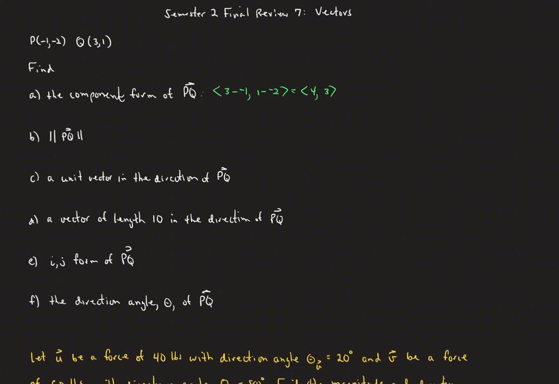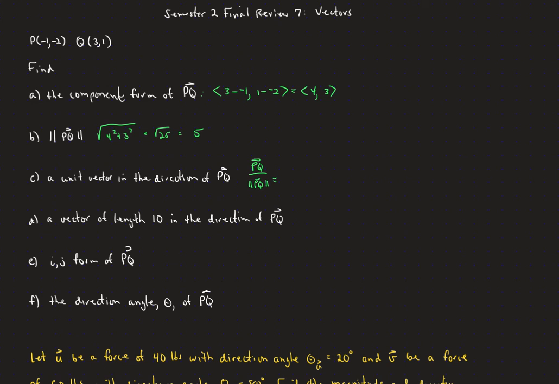And the magnitude then is going to be the square root of 4 squared plus 3 squared, and so that is going to be a magnitude or length of 5. A unit vector in the direction of PQ means we're going to take our vector PQ and divide it by its magnitude.